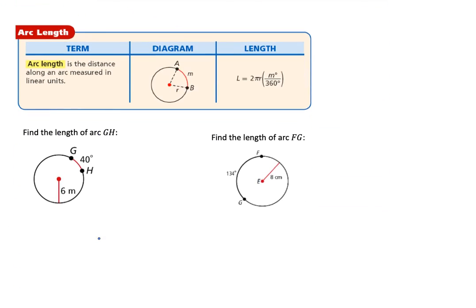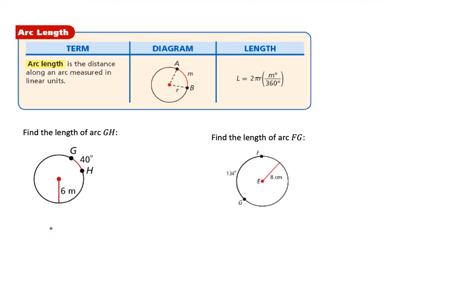The last thing we're going to talk about is arc length. And again, this one makes sense because you have the circumference of the circle, but just a portion of it. So your circumference is diameter times pi, or radius times 2 times pi. And then you're just going to multiply it by the number of degrees over 360. So to find the length of arc GH, which is right here, I'm going to take diameter times pi.